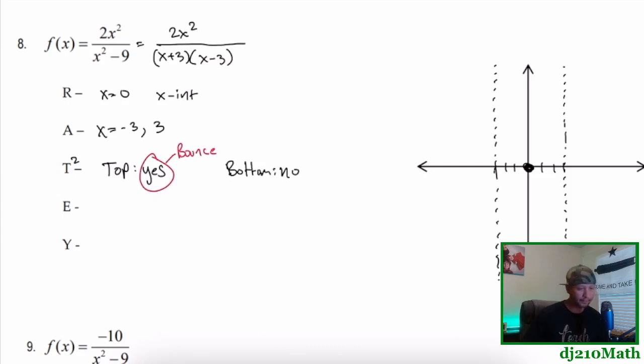So that means that at the vertical asymptotes, the graphs are going to go in opposite directions. Horizontal asymptote that the end is going to tend towards. We look at the degree in the numerator, degree in the denominator, and we see that it's balanced. So we take the ratio of the coefficients. So y is equal to 2, right? 2 over 1.